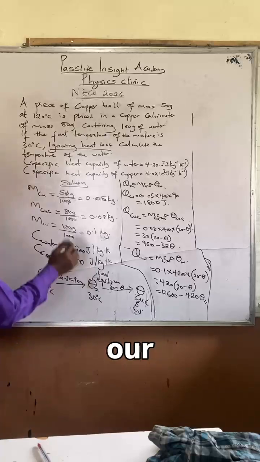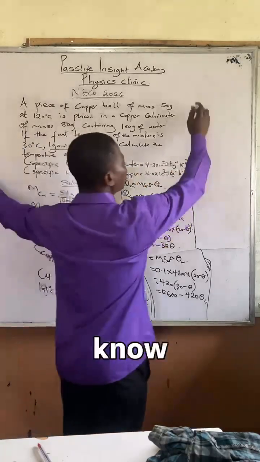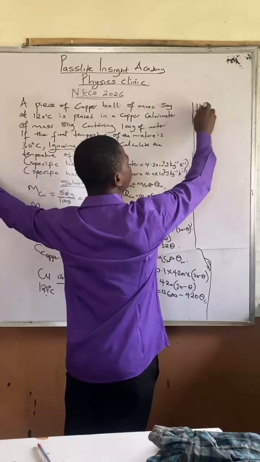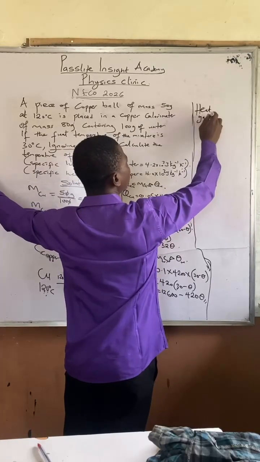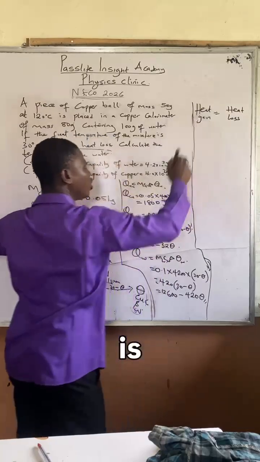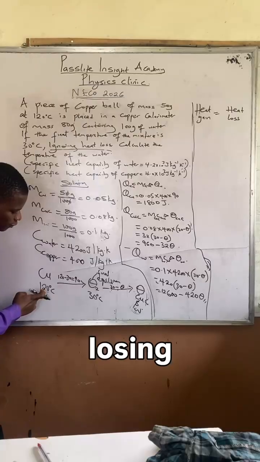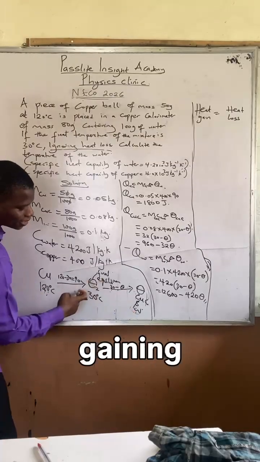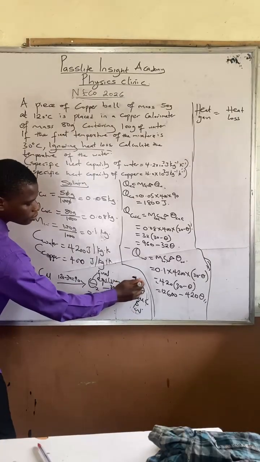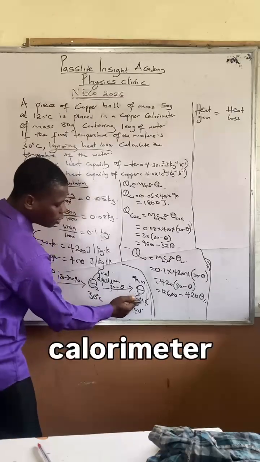From the question, they let us know that ignoring heat loss, heat gained is equal to heat lost. Which one is gaining and which one is losing? The copper is losing, from 120 to 30, but these two, the copper calorimeter and water, are gaining.